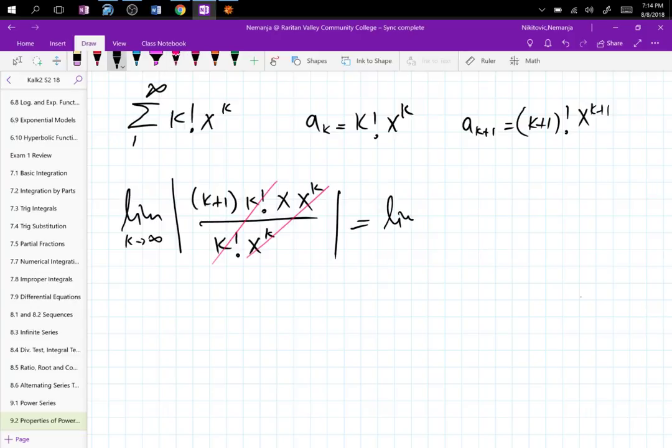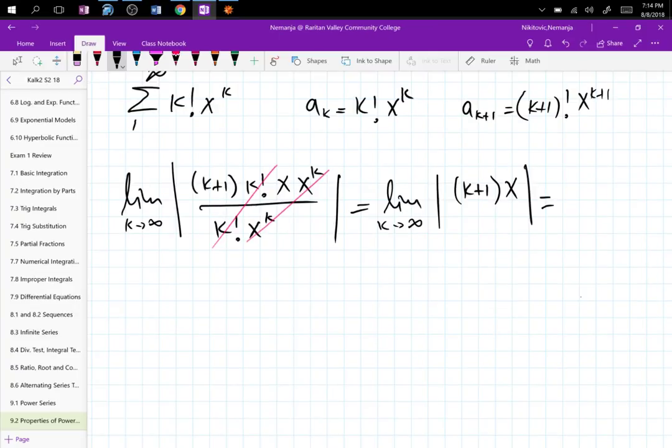We have the limit as k goes to infinity of the absolute value of (k plus 1) times x. Now, the limit only operates on k's, so you can kick x out with the absolute value in front. So we have absolute value of x times the limit of k plus 1 as k goes to infinity, and you don't need absolutes anymore because k is always positive.